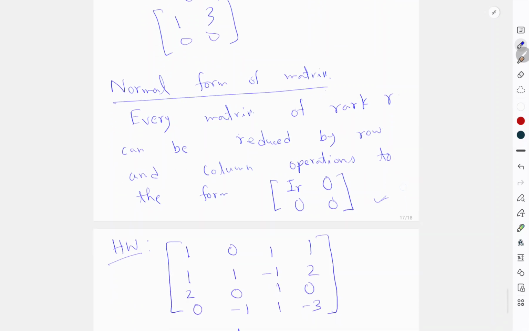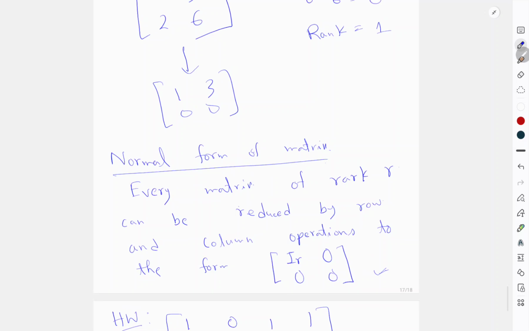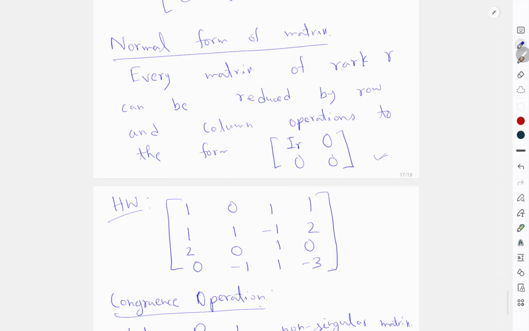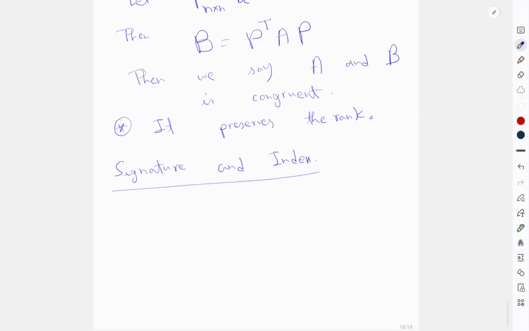That is fine, but whenever you apply row operations and after that column operations, I think earlier you have seen the product of E_ij type matrices.